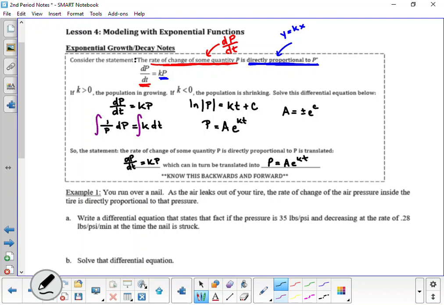Then you can't go straight to this formula. You're going to have to separate and integrate. I think there's a problem on your homework like that, where it says the rate of change is directly proportional to the square root of p. And then if you separated this and this had a square root, then when you brought it over to this side, you wouldn't do natural log to integrate.